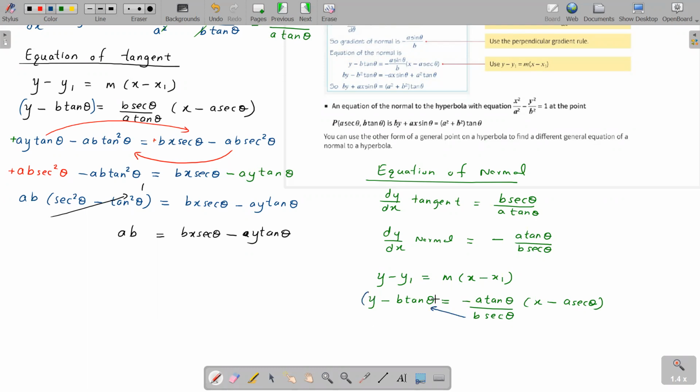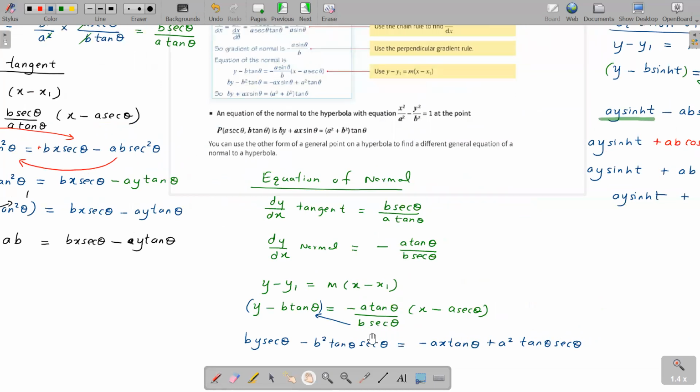Shall I immediately multiply? y into b sec theta is by sec theta. Then b tan theta into b sec theta is minus b square tan theta sec theta, equals here minus a tan theta into x is minus ax tan theta, minus a tan theta into minus a sec theta is plus a square tan theta sec theta. Is that okay?